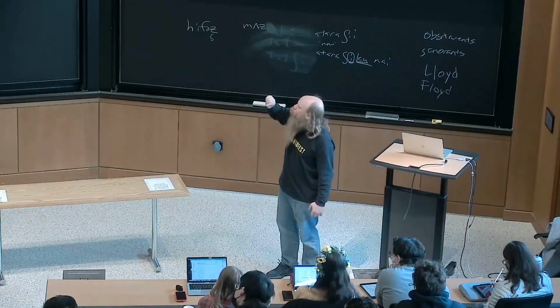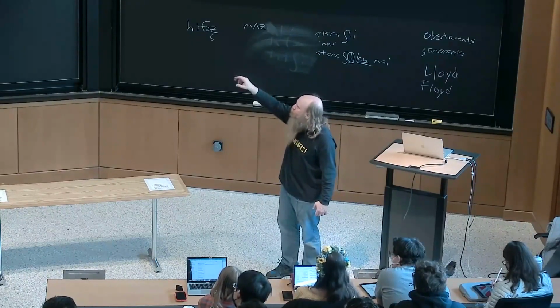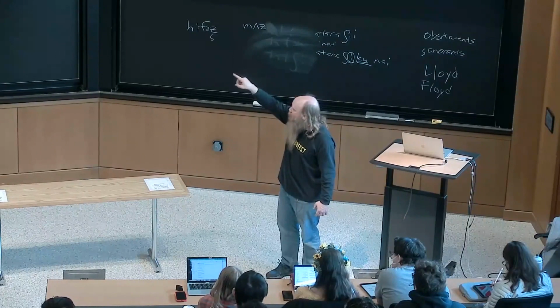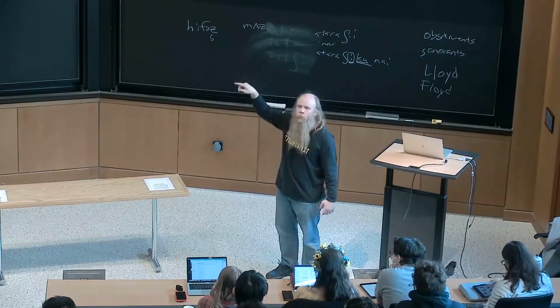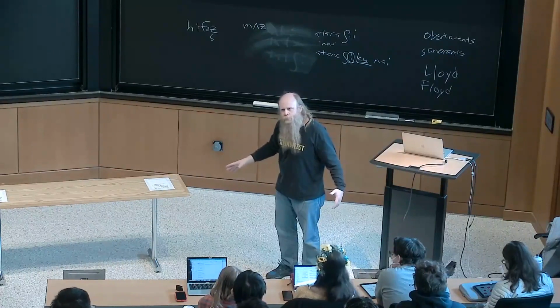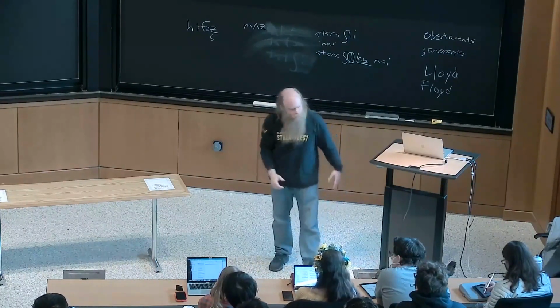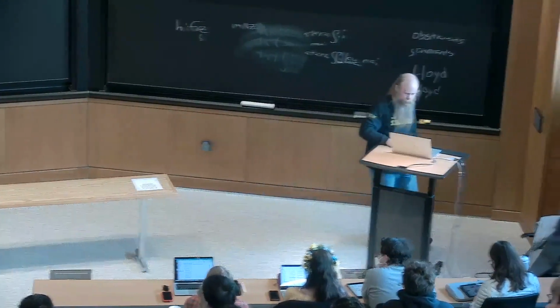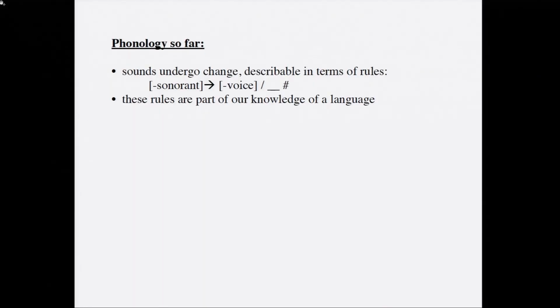So this rule says this change happens when the sound is before a word boundary, or to put it another way, when it is at the end of a word. Does that make sense? This is a way of writing rules. These rules are part of our knowledge of a language, so we've talked about this.